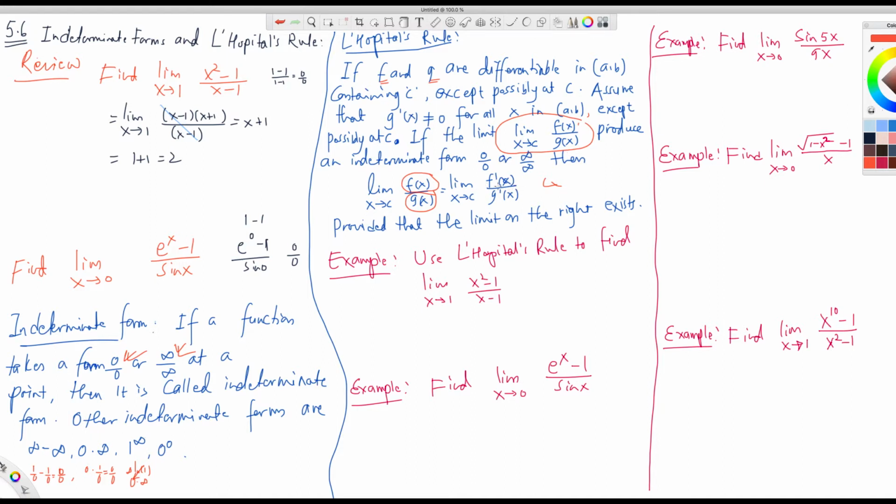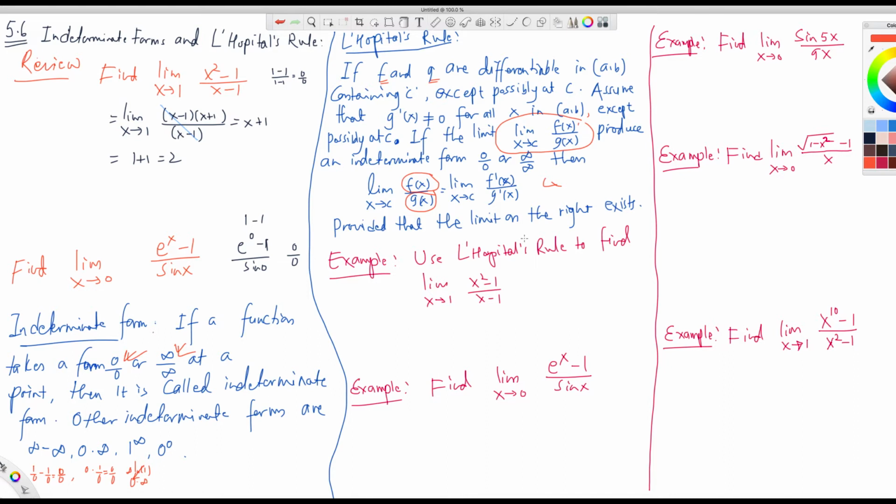One of the very important things about L'Hopital's rule is you need to have a function on the top and a function on the bottom. Otherwise you cannot use that form. And if you plug in the limit directly and get 0 over 0 or infinity over infinity, then you find the derivative of the top separately and the derivative of the bottom separately and plug in the limit.